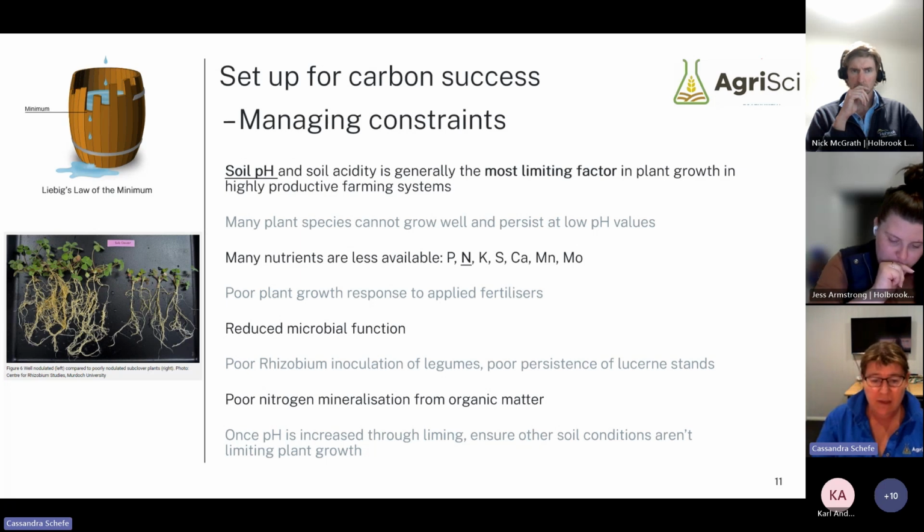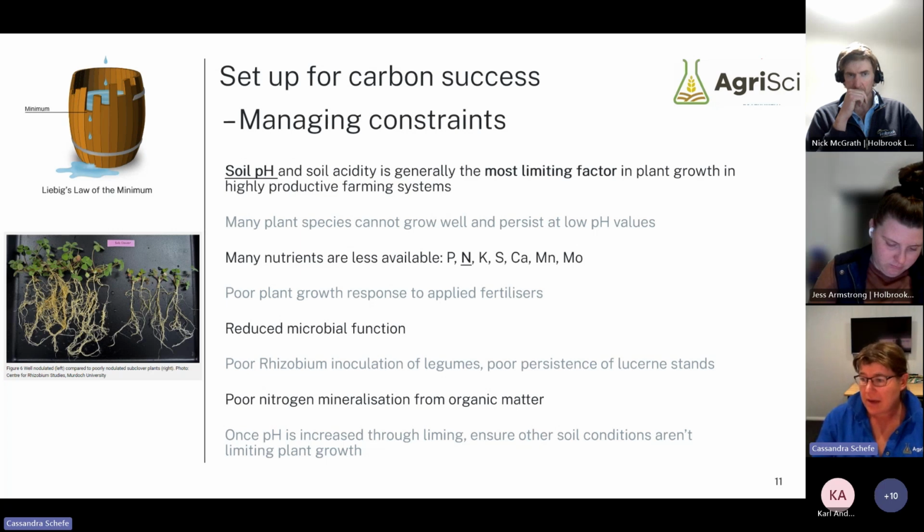As a general rule, in the Holbrook region and up in the hills, all the way through to the plains, we know that soil pH and soil acidity is generally the most limiting factor in plant growth in our highly productive farming systems. So I'll actually take the next step to say that unless you know otherwise, assume that soil acidity is constraining plant growth, and in that way is also constraining your ability to build organic matter. If you don't have numbers to prove otherwise, you really need to be considering that you are working within an acidic system.